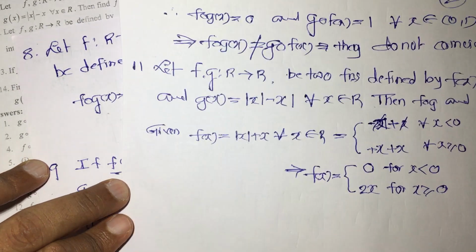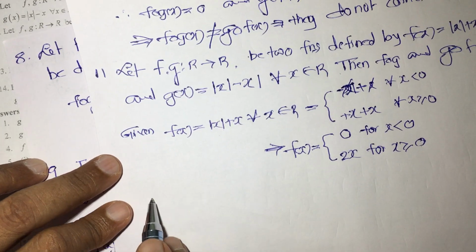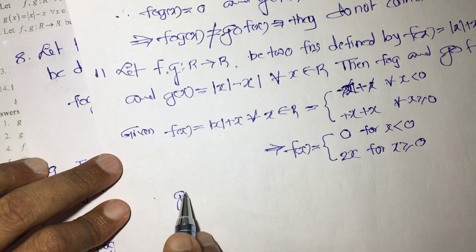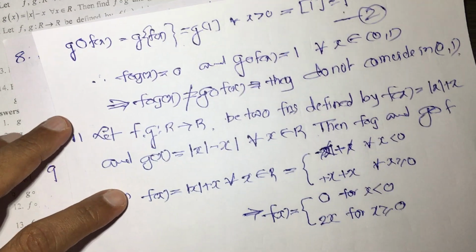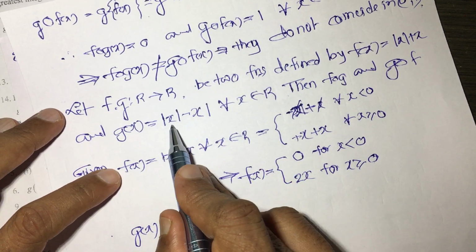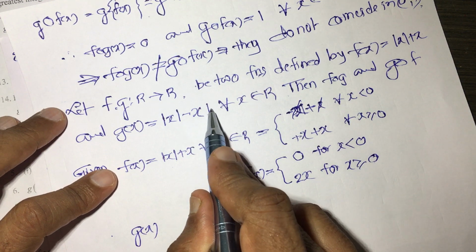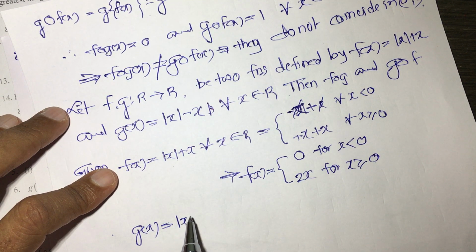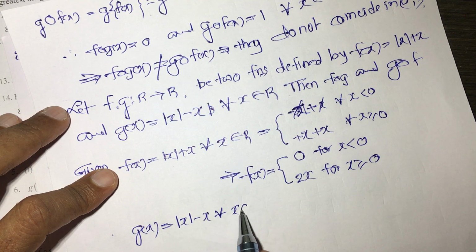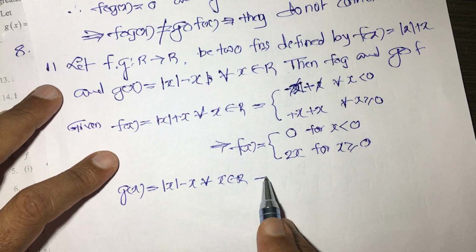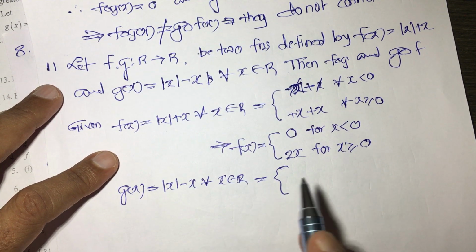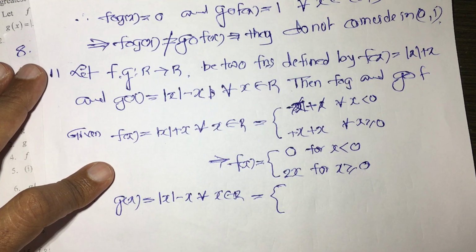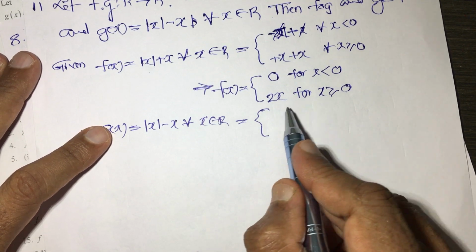Now, I take the next function g of x, which is given as mod x minus x for all x belonging to R. Here also we divide into two cases: one is positive real numbers, another is negative real numbers.